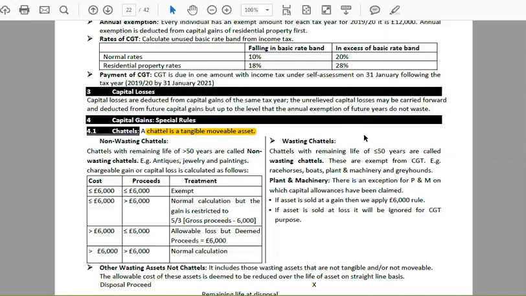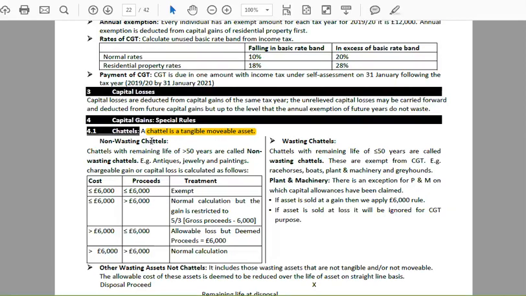It is tangible and movable, so your mobile phone is a chattel, just like your laptop. Your laptop is a tangible asset and can be moved from one place to another without any alterations, so it's also an example of chattels. All those assets which are tangible as well as movable are called chattels.